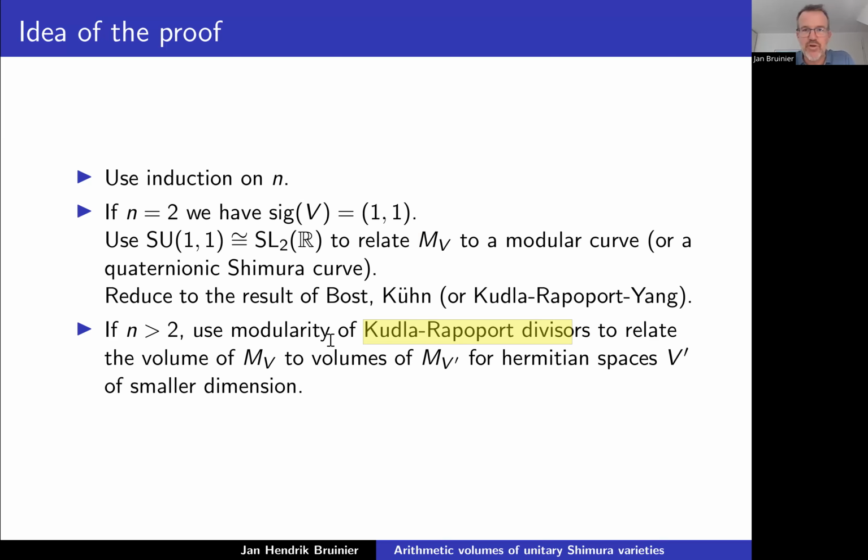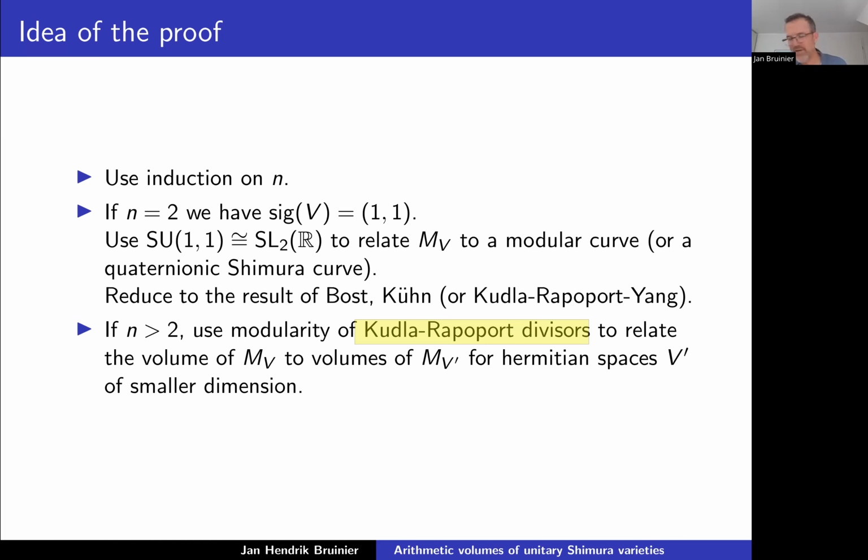And one can use the modularity of these Kudla-Rapoport divisors to relate the volume of our Shimura variety MV to volumes of similar Shimura varieties in dimension 1 less. And this is how the induction step goes. The volumes of MV will come up by looking at the constant terms of these generating series of Kudla-Rapoport divisors. So this is roughly how this induction step goes.